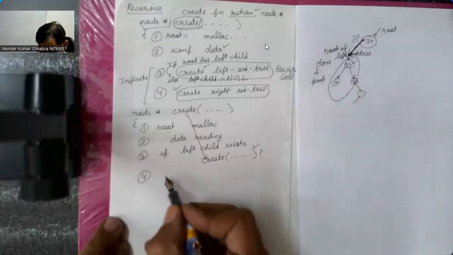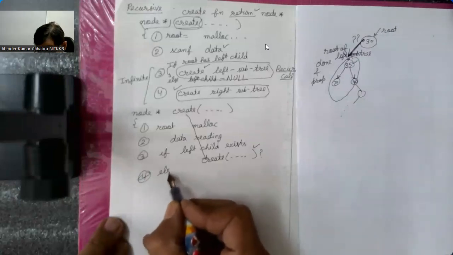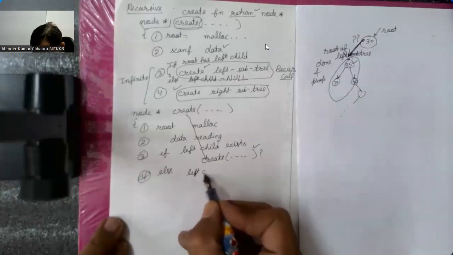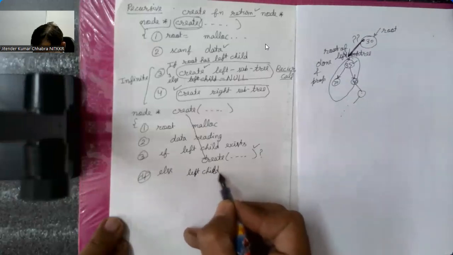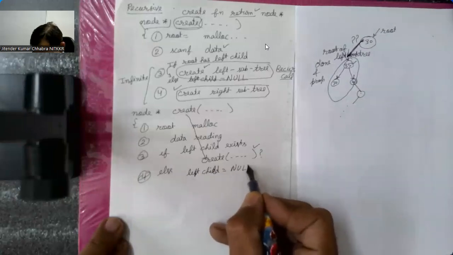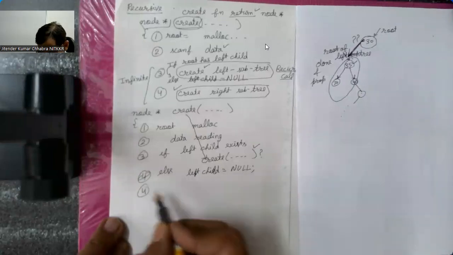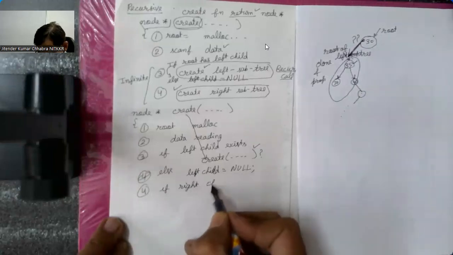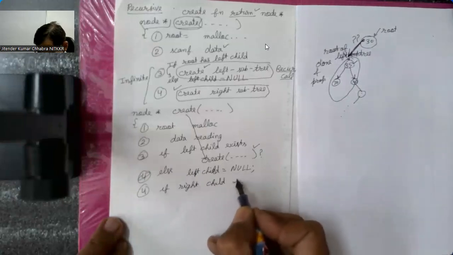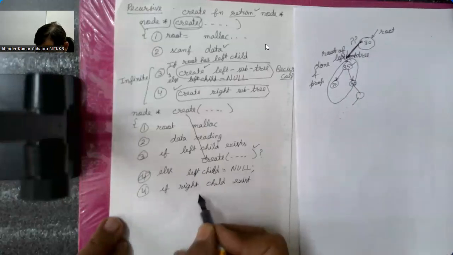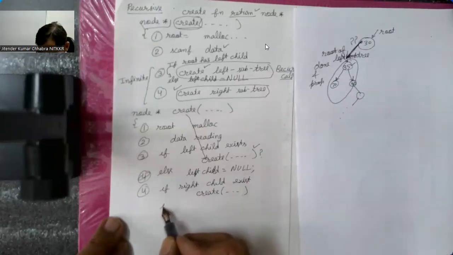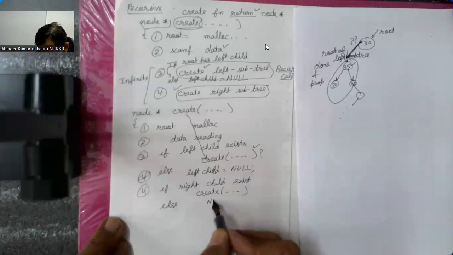Similarly, fourth step, or else I will say the left child is null. Fourth step, similarly for the right child, if it exists, you will have the create function recursively called, else obviously null.